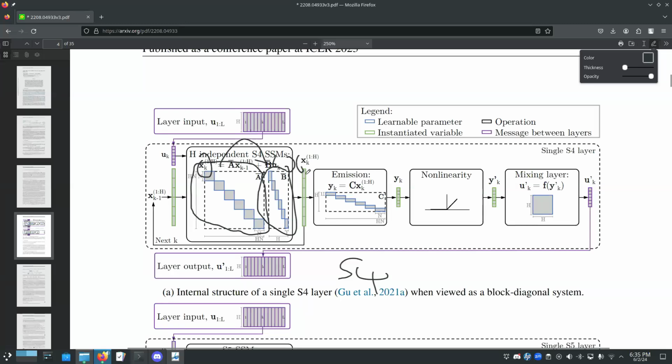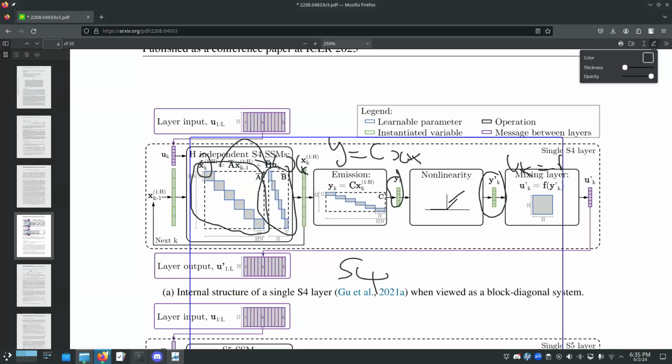You compute xk from it, and y would be some kind of C times xk, and you have yk. You could apply some nonlinearity, get y, and then apply another mixing layer. They said something about the mixing layer in S4, give me a minute.